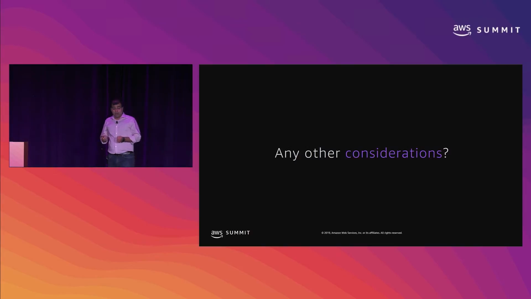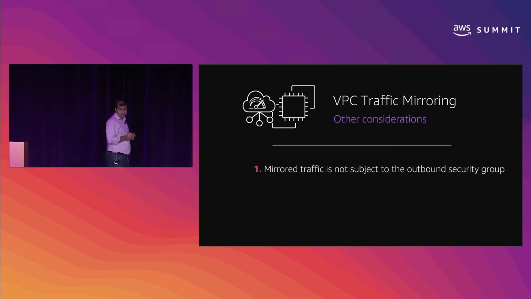But coming back to traffic mirroring, there are a few things that you should be aware of. One is that mirror traffic on the source is not subject to outbound security group. This is important for our security conscious customers, because if they want to mirror traffic, they want to make sure that they're keeping an eye out on every single critical workload.